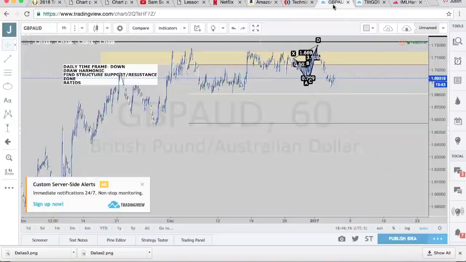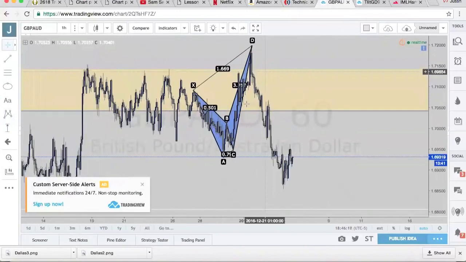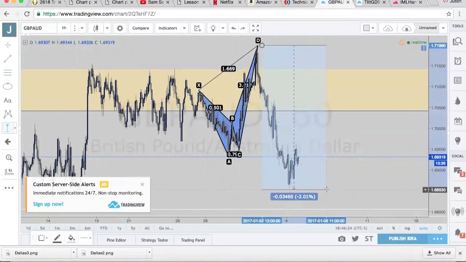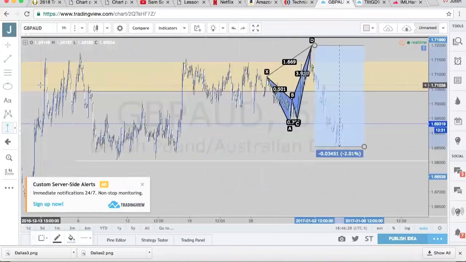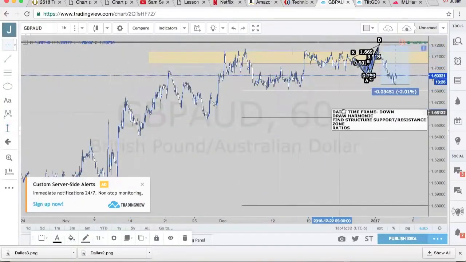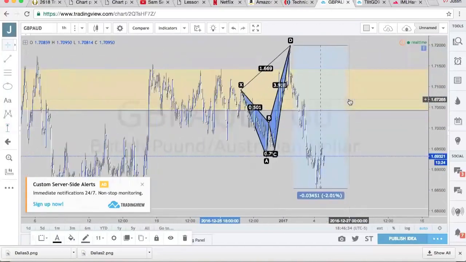Same thing. And then obviously this market fell from point D 350 pips.